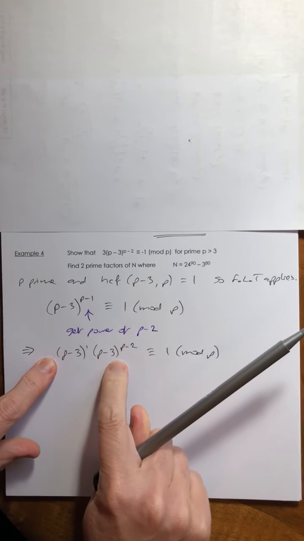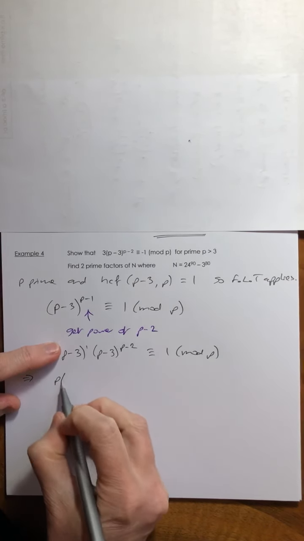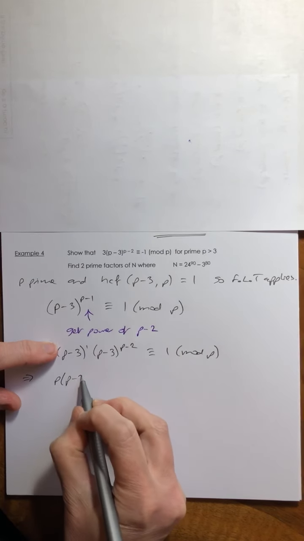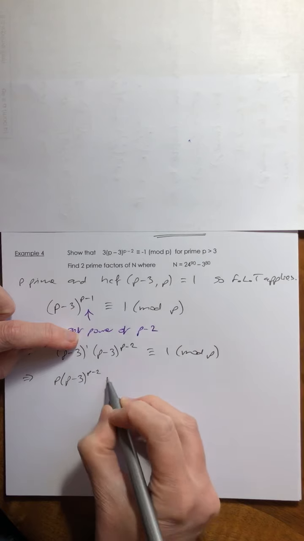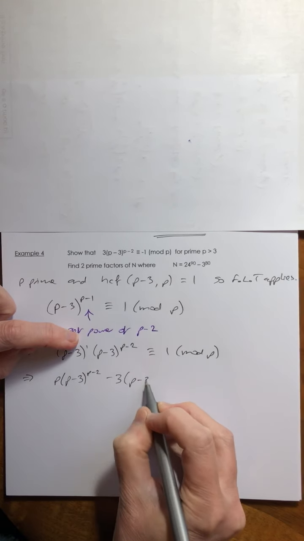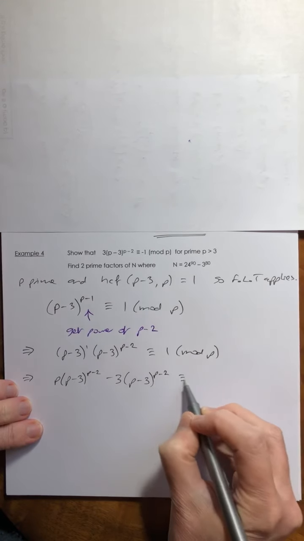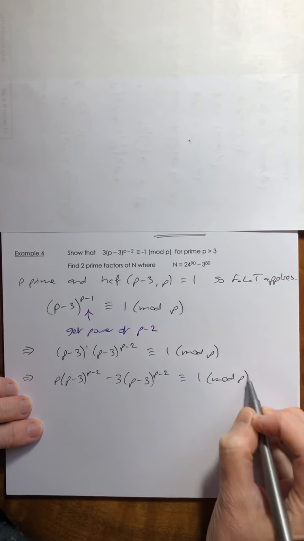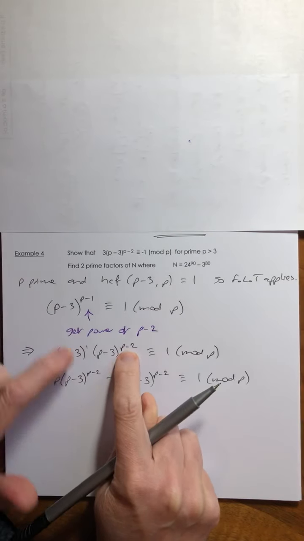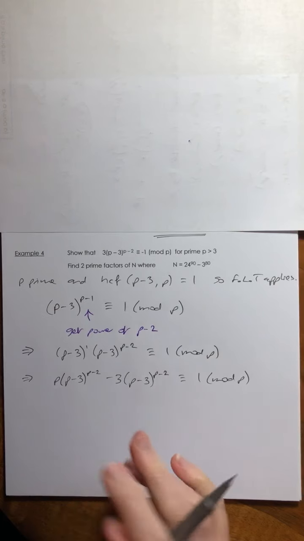We can, of course, expand that bracket, can't we? I have got P multiplied by P minus 3 to the power of P minus 2. And then I've got negative 3 lots of P minus 3 to the P minus 2. So I haven't changed anything. All I've done is taken a bracket out there, and I've expanded that bracket. So I haven't actually altered what any side is.